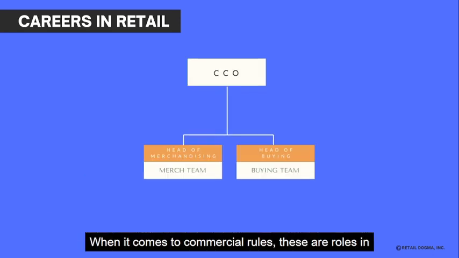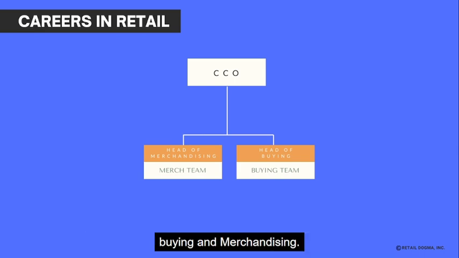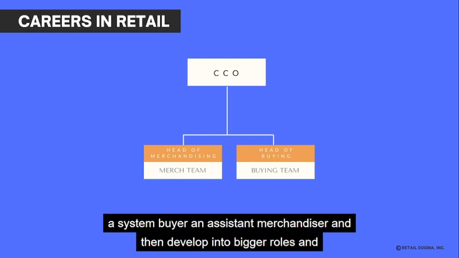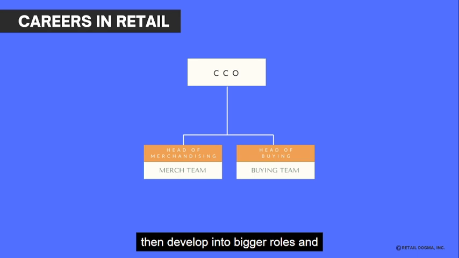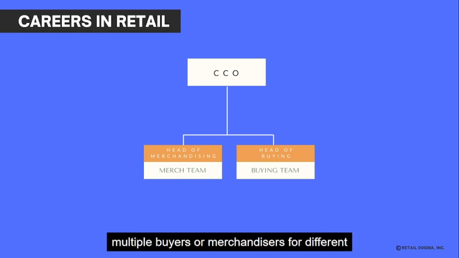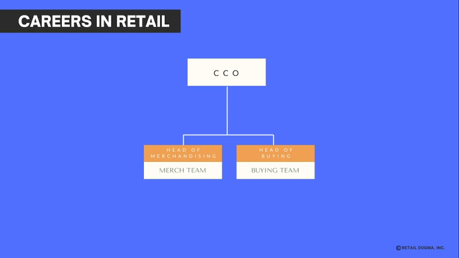When it comes to commercial roles, these are roles in buying and merchandising. They typically start at assistant level, for example, assistant buyer and assistant merchandiser, and then develop into bigger roles and reach management level where the manager is responsible for multiple buyers or merchandisers for different categories of products.